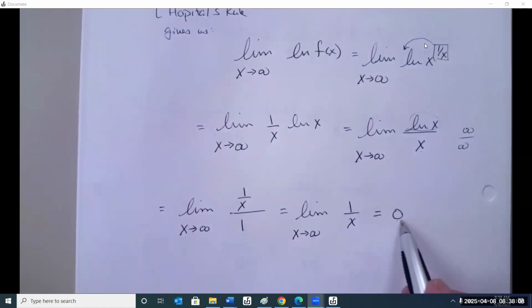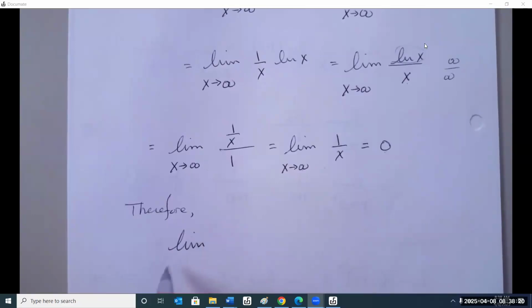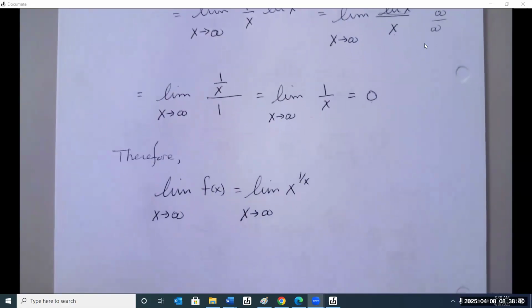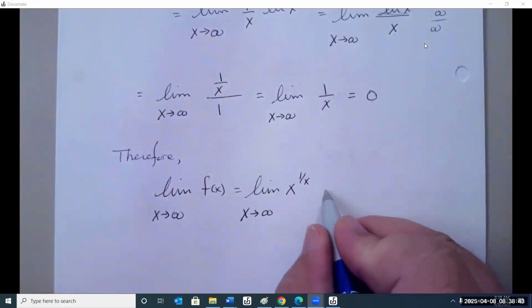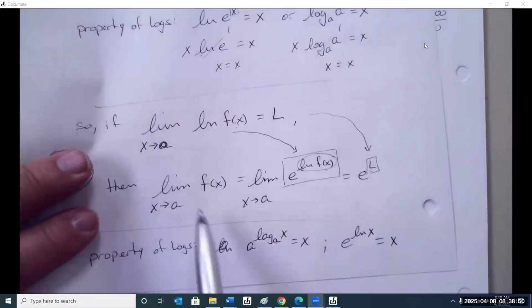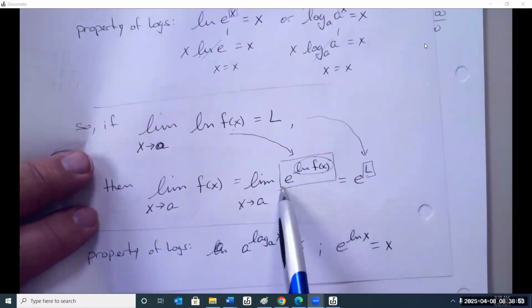So remember, this is our exponent of e. Therefore, our limit of our function, the limit of x to the power 1 over x, so now we take e to the ln f of x.